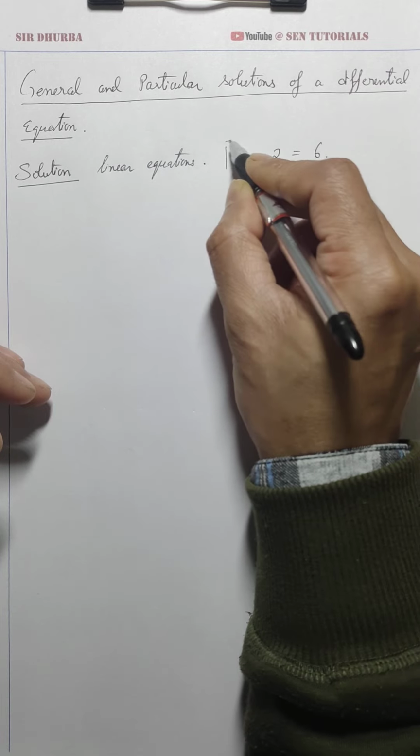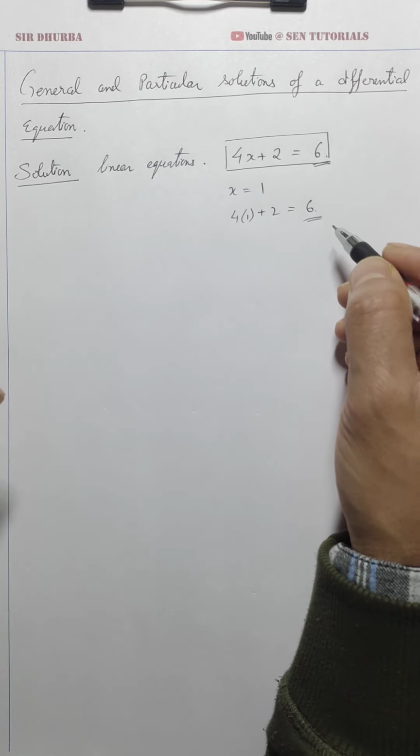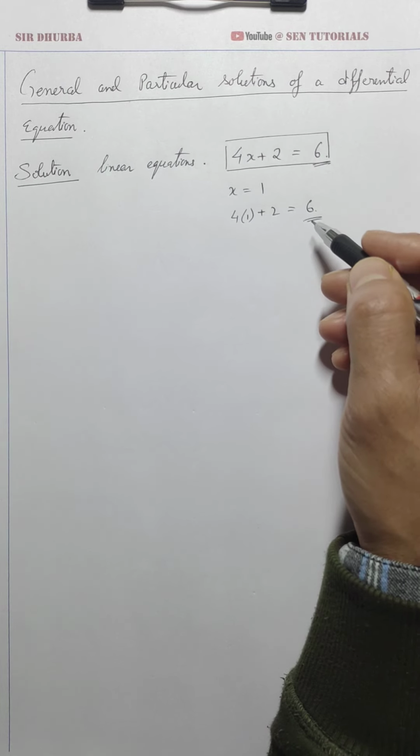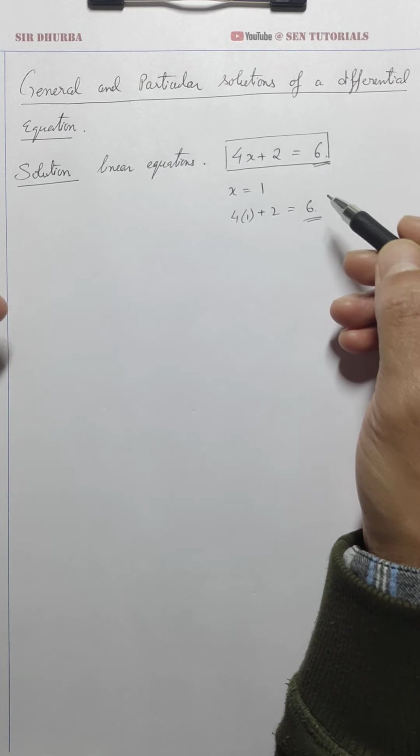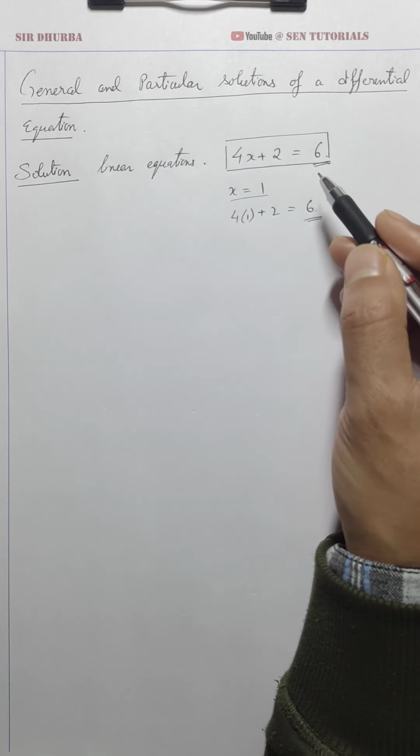So if you use the value of x as 1, the equation is satisfied, and that's when we say that x equal to 1 is a solution of the particular linear equation.